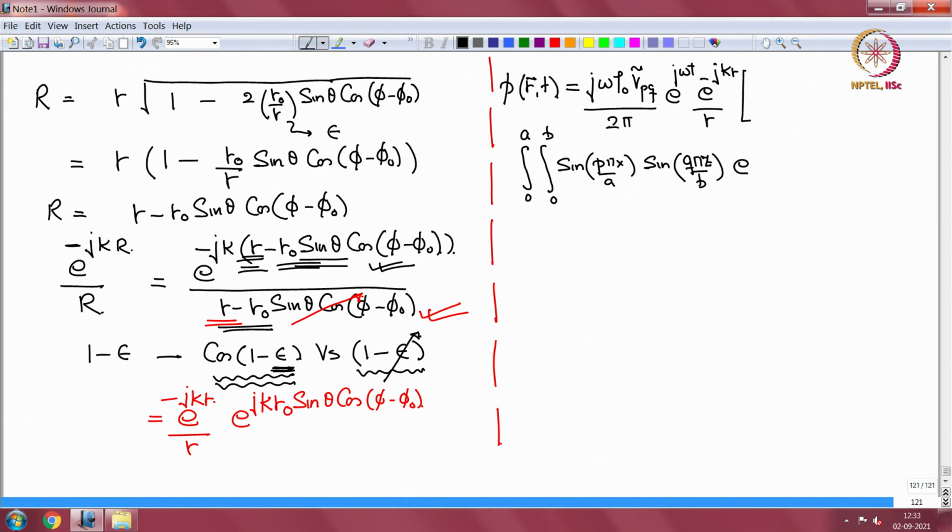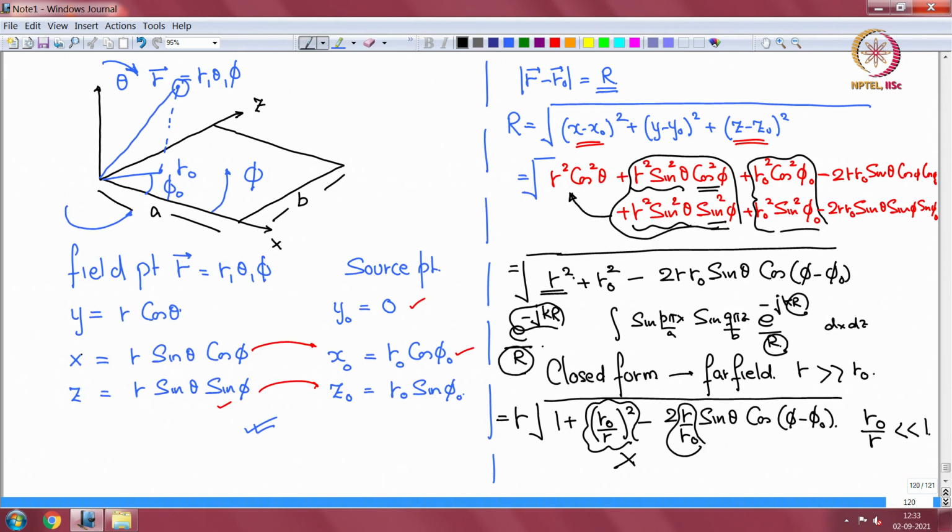Now if you remember, r sine theta cos phi is x, okay, and r sine theta sine phi is z, okay.